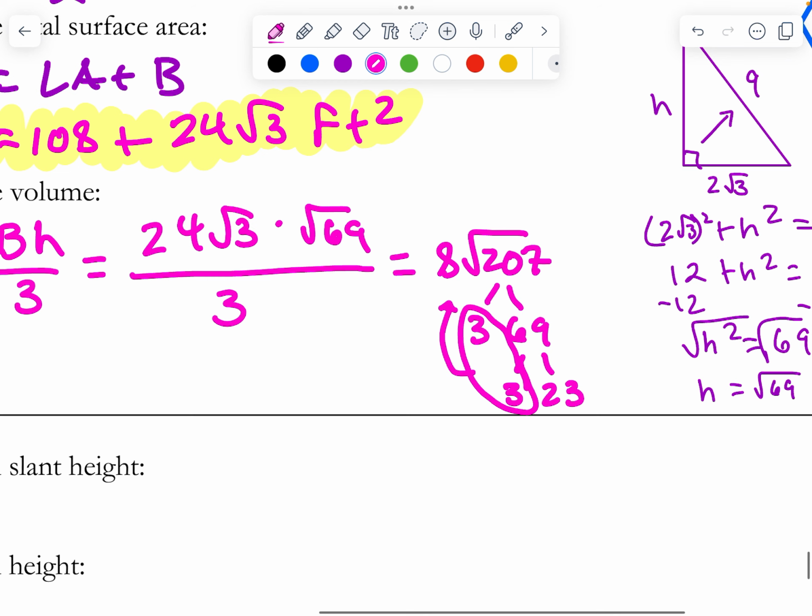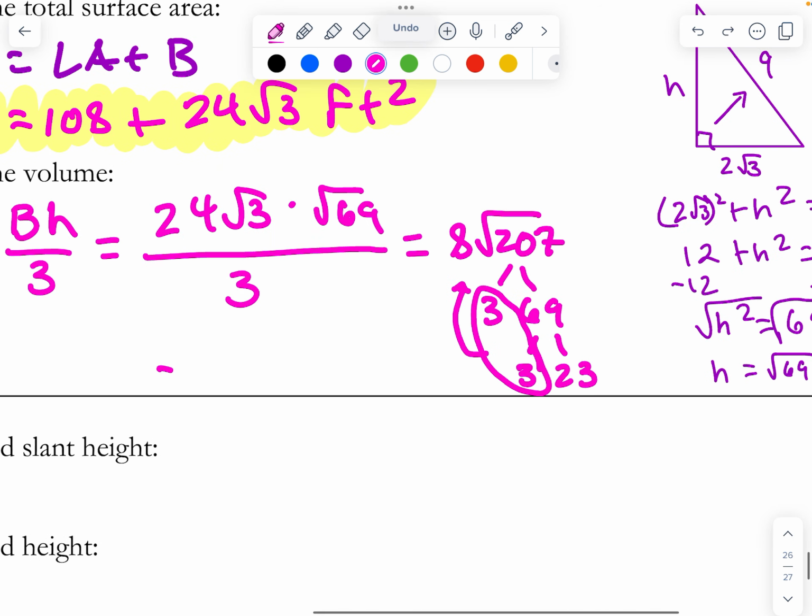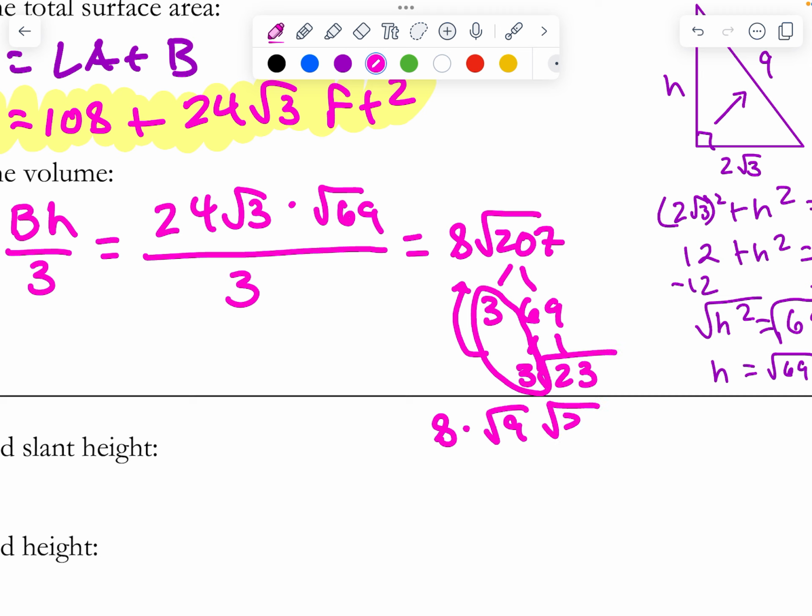And now we have 8. I'm running out of space, but that's okay. 8 times 3, right? Because what would end up happening is you end up putting these back in. 3 times 3 is square root of 9. This goes back into my square root, so square root of 23. And then the square root of 9 is 3. Or if you guys just remember your trick, for every pair you pull out 1.